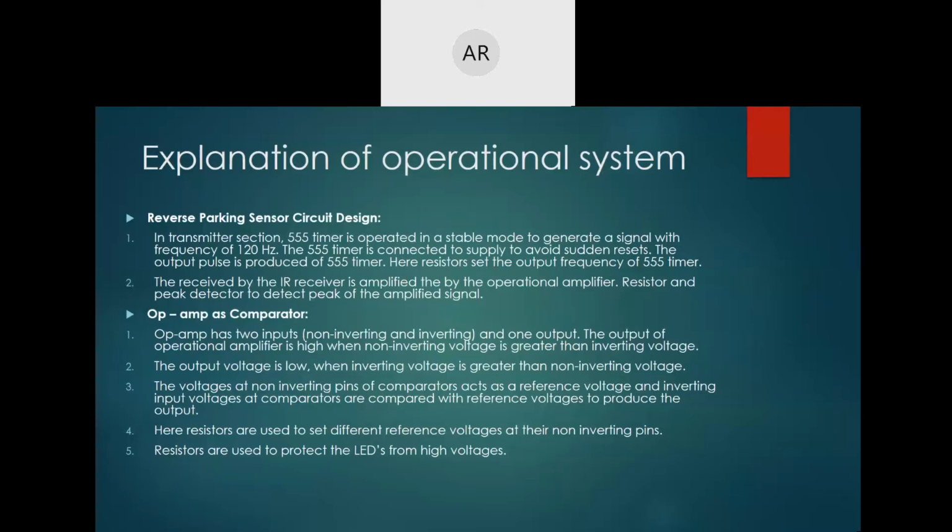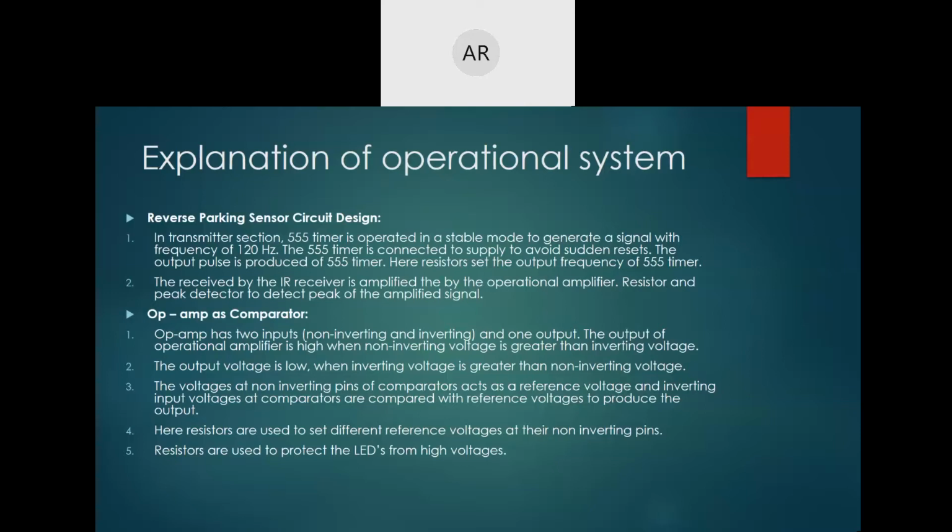The signal received by the infrared receiver is amplified by the operational amplifier, with a resistor and peak detector to detect the peak of the amplified signal.